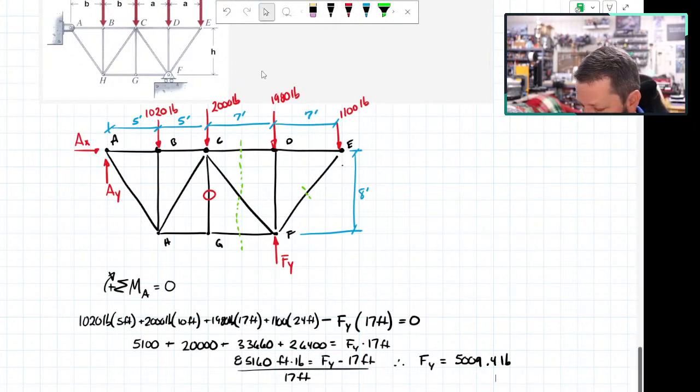Let's go check that. Since we have WebWork, I'll plug it in and see if we get that right. 5,009.412. Let's see. Oh, no, it's not right. Did I copy something wrong? Let me check my math.